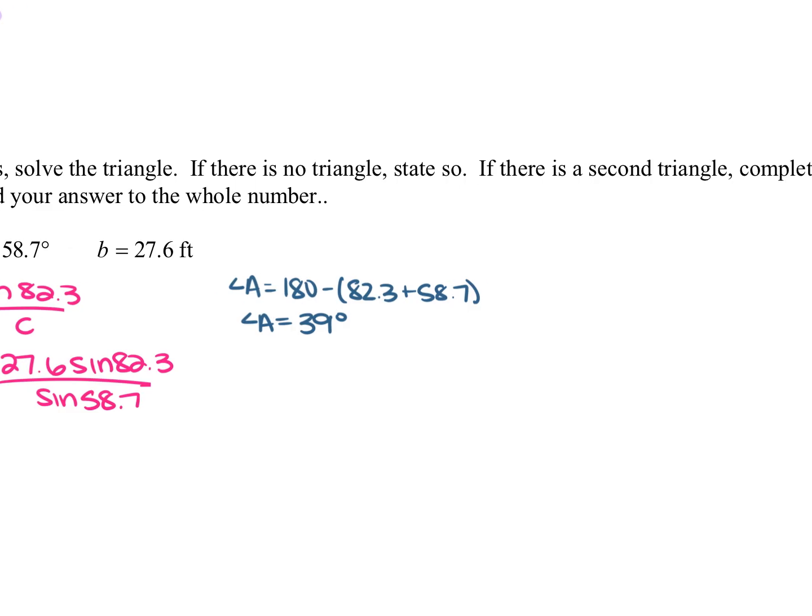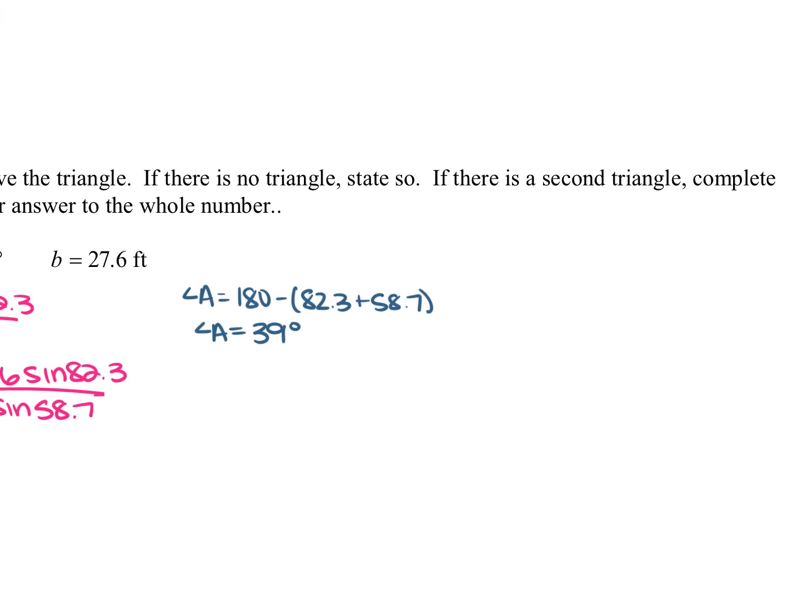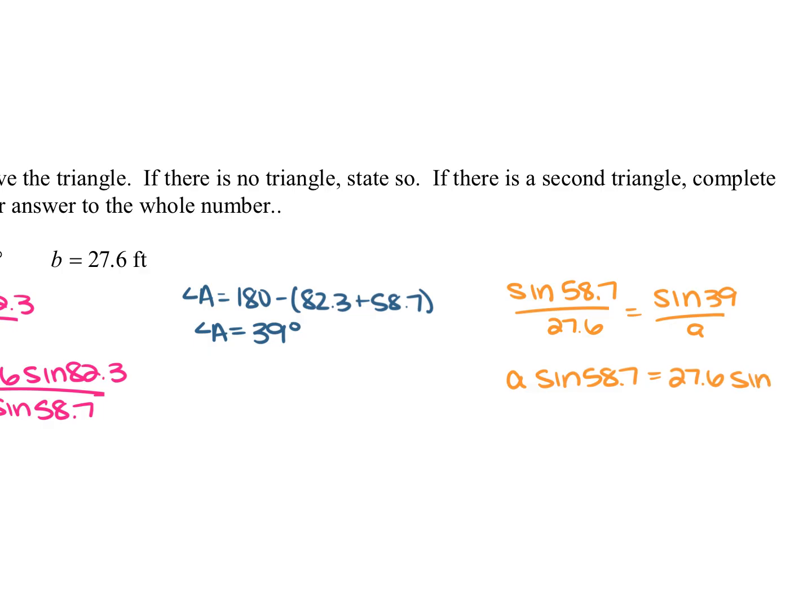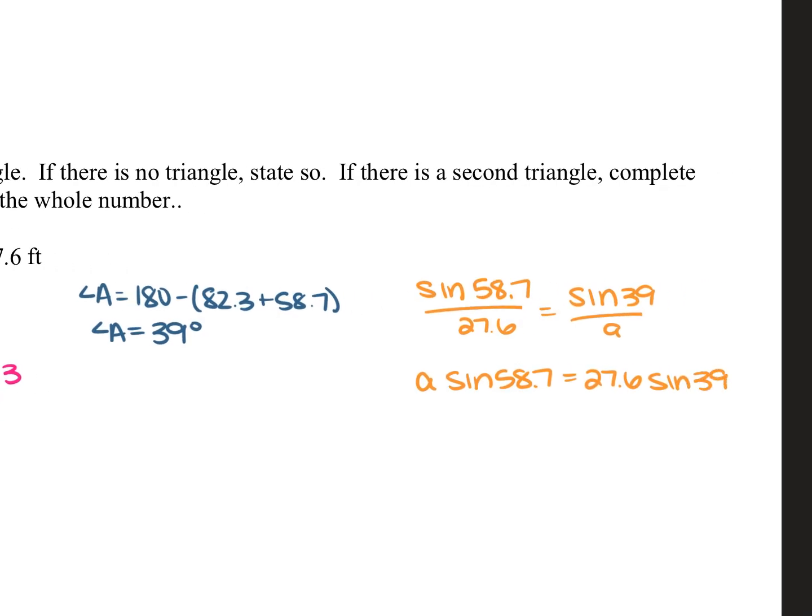Lastly, we're going to use law of sines again and do sine of angle A over A is equal to sine of angle B over B. So that's going to be the sine of 58.7 over 27.6 is equal to the sine of 39 over A. Cross multiply, you get A times the sine of 58.7 is equal to 27.6 times the sine of 39.